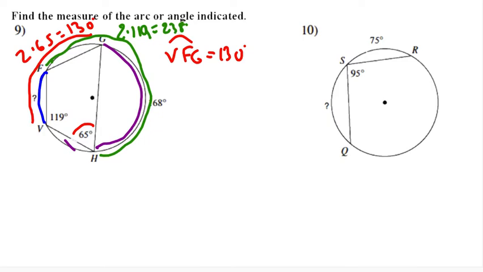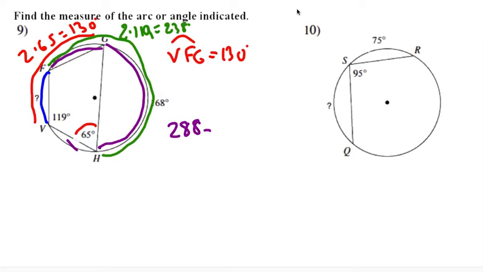Which means that this piece here, FG, is equal to 238 minus 168, which is, break out the calculator, just make sure we get the correct answer here, 70 degrees.